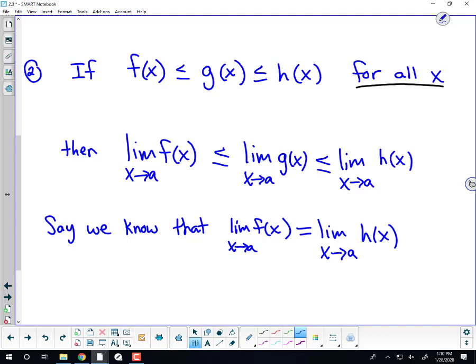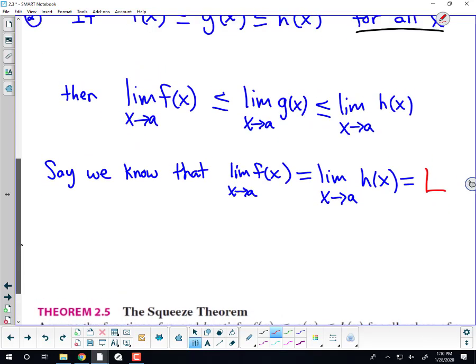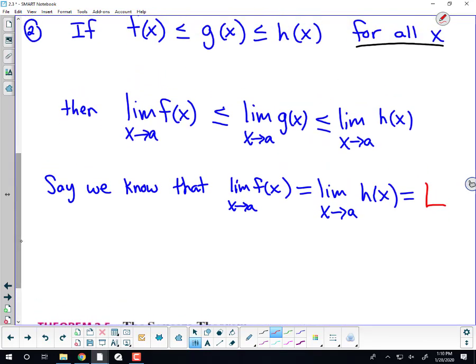And just to be a little bit less vague, let's say both of those are equal to some value, we'll call it L. So if we know that, what do we know about the limit in the middle? It's the same, right? It has to be the same. So if we know that these two end limits are equal to L, then the limit as x approaches a on g of x has to also equal L.